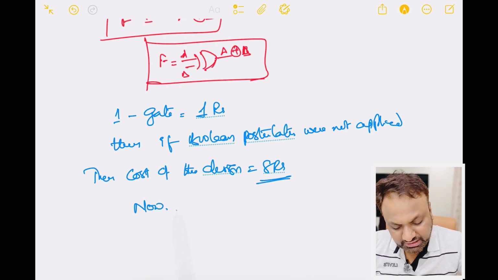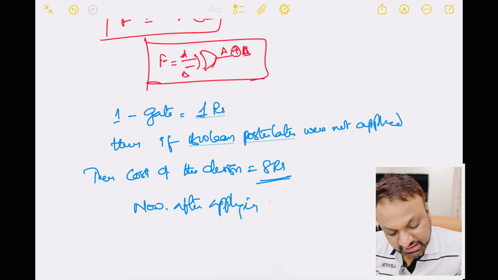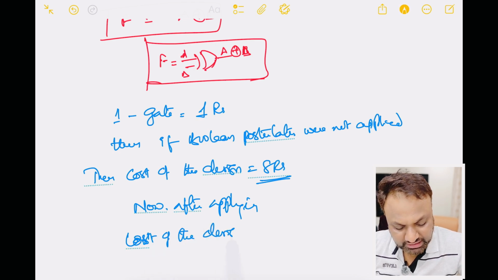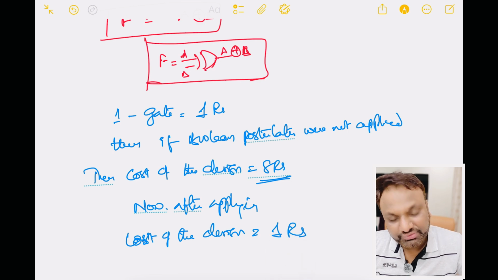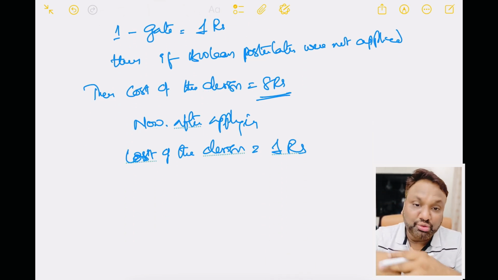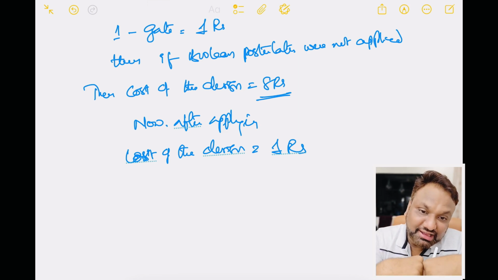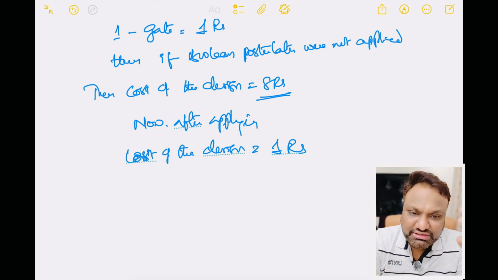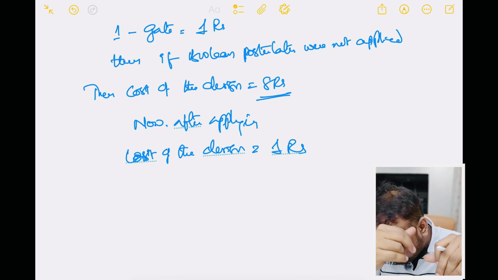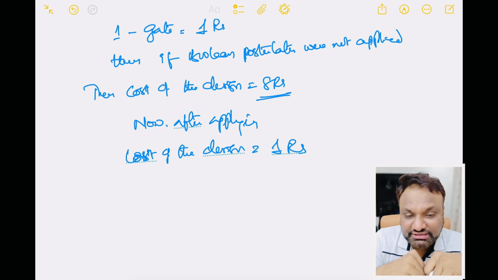After applying Boolean postulates, the cost of the design is 1 rupee. So you have reduced the design cost by 1 by 8. If, say, 1 lakh gates are being used, your overall cost of the system gets reduced by 8 times. That is why we go for applying the Boolean postulates.